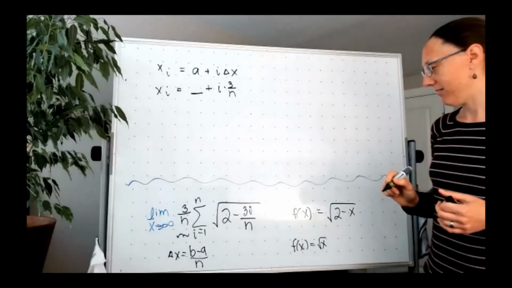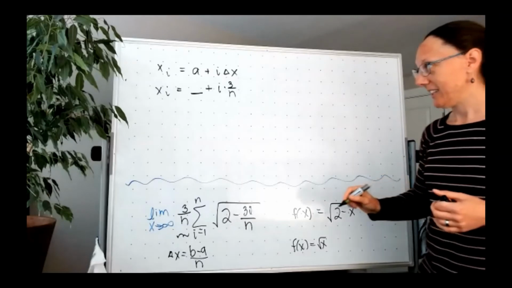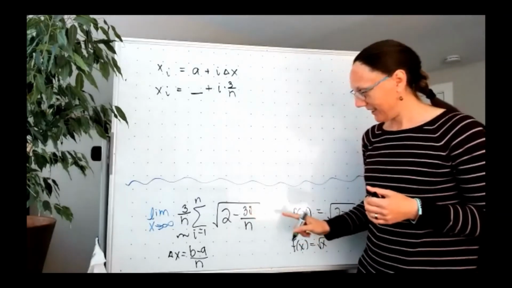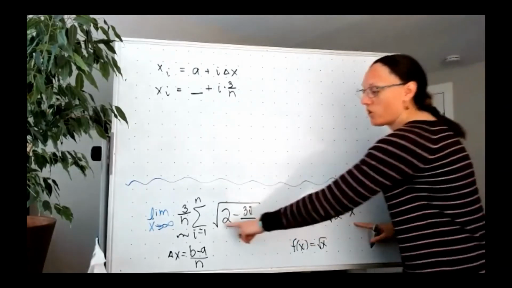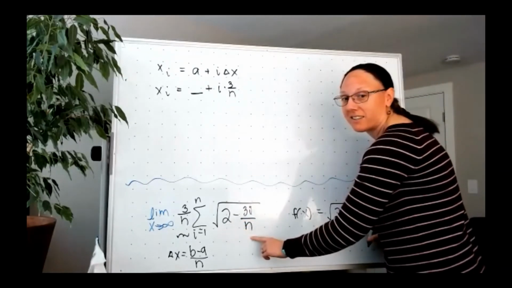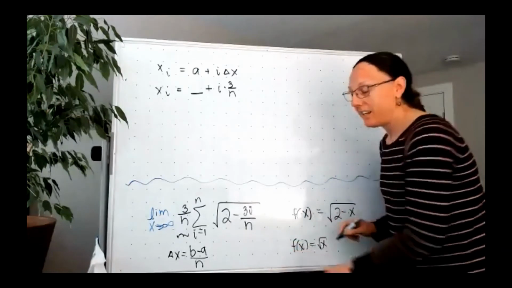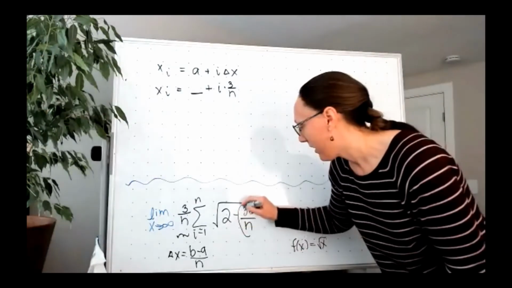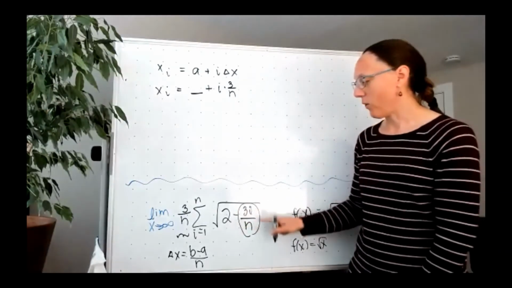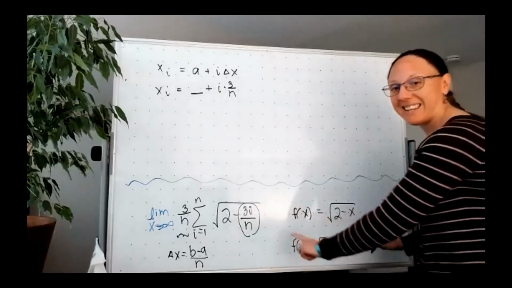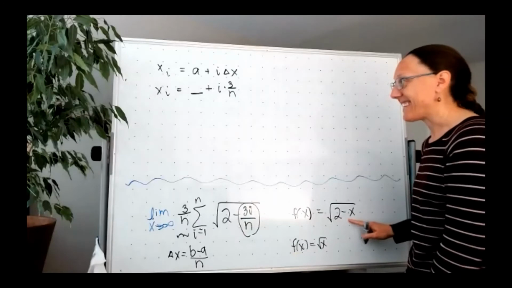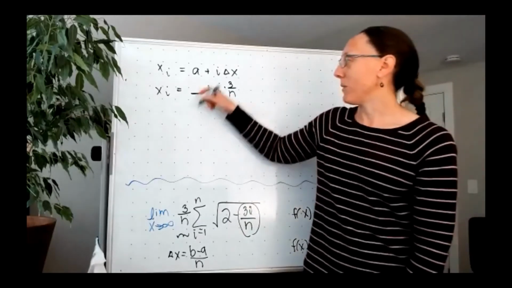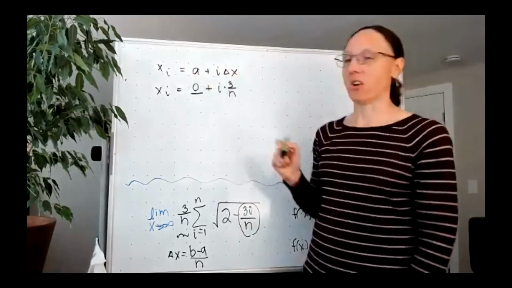Well, if I think the function is 2 minus x, then 3i over n is the x. And if 3i over n is the x, then that means a had to be 0.